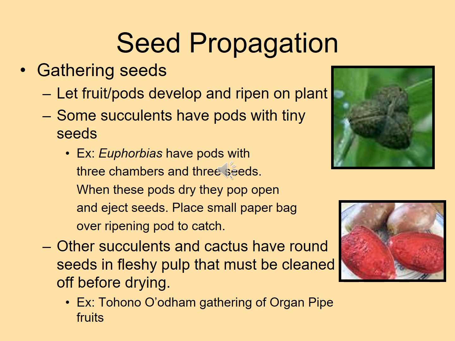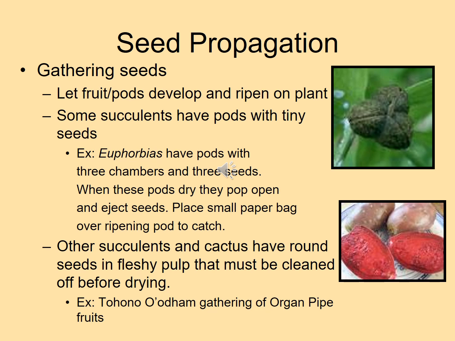Make sure you take off the little bristles. There are little teeny spines called glochids that need to be wiped or brushed or cut off. But the inside is very sweet and fleshy, and it can be eaten, but the seeds are within that, so you have to take the seeds out somehow and dry them off and get all the pulp off to be able to keep them and plant them later.